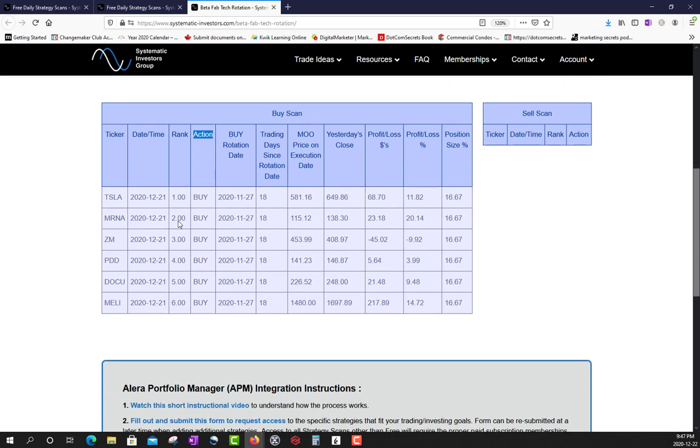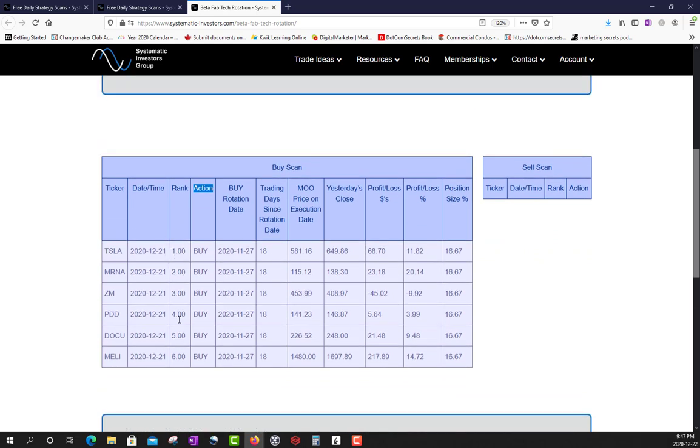So how this works is, every month on the third last trading day of the month, this strategy takes advantage of the turn of the month, or the monthly rotation into the new month strength in stocks.